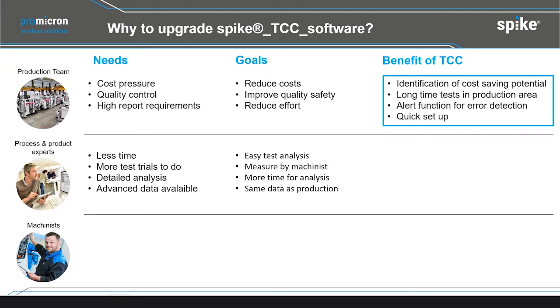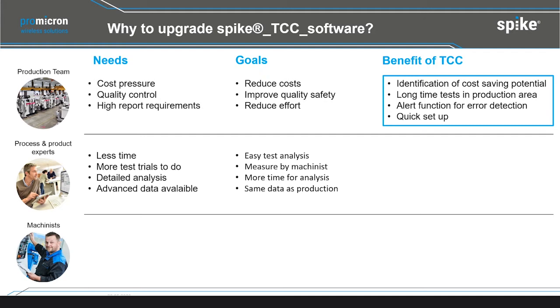That's why they are interested in making test analysis easier. They are interested in systems that can be used by the machinist as well to record the data. Therefore, they get more time for analysis. And another benefit goal is that they use the same data as the production team, so they can speak the same language.